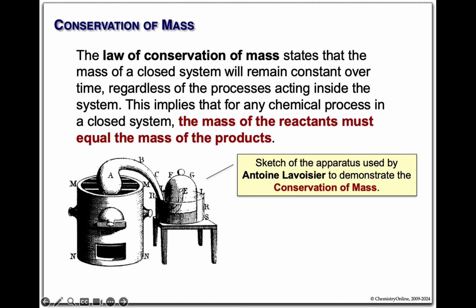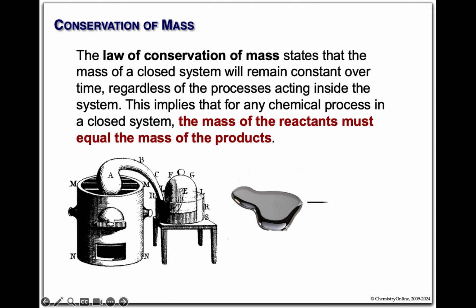The way he did it was a thing like this, and he took mercury in here, heated it up, made mercury 2 oxide. Now, this had to combine with oxygen to give this. So we weighed this, weighed that. Weighed the amount of oxygen that was consumed.